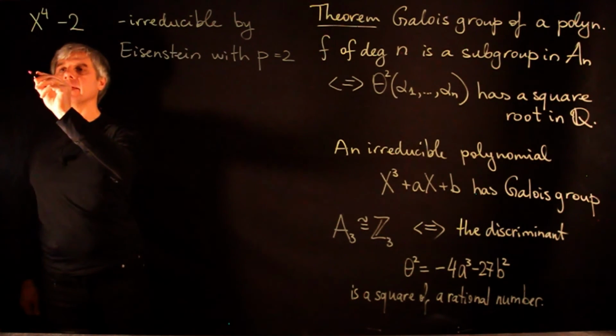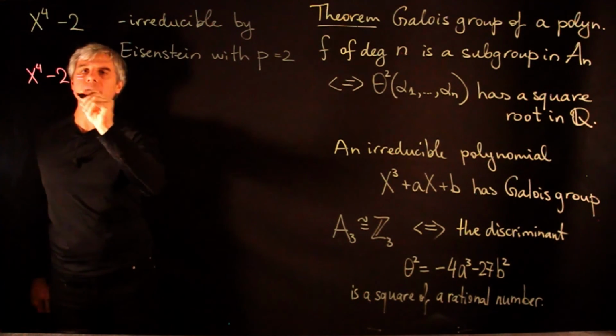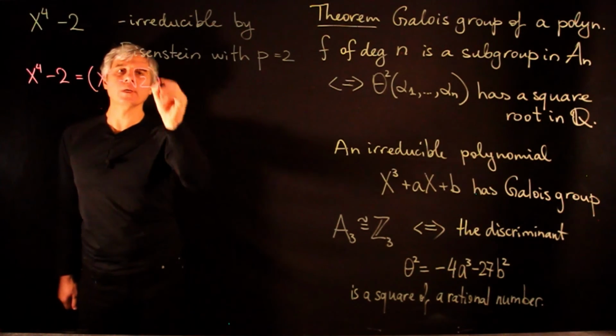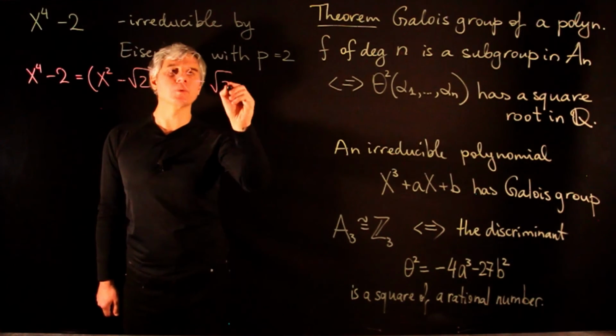This polynomial has the following factorization. x to the power of 4 minus 2 is equal to (x squared minus square root of 2) times (x squared plus square root of 2).